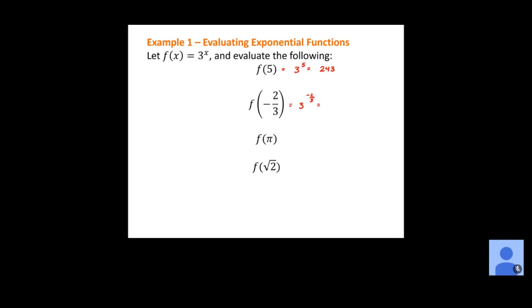Okay, so if you do 3 to the negative 2/3 now, you're going to get a decimal, right? So let's do 4 decimal places. What would that give us? Good, 0.4807. Anybody not able to get that value there?